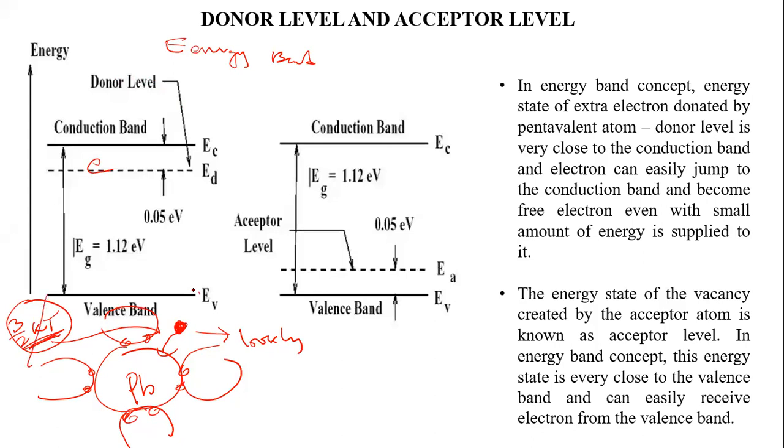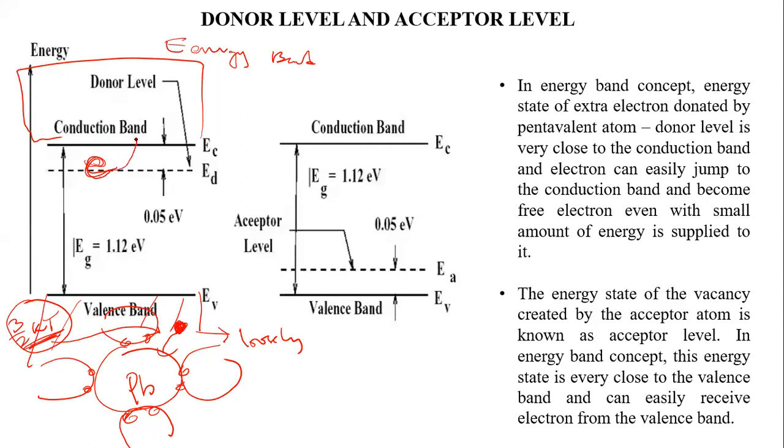You see that the bottom side is the valence band, and the top side is the conduction band. Since you can easily make this electron a free electron even at room temperature because of thermal energy, the energy state of this electron lies very, very close to the conduction band.